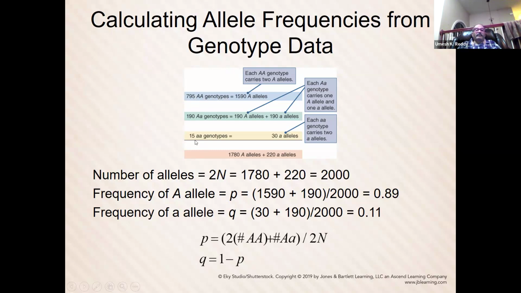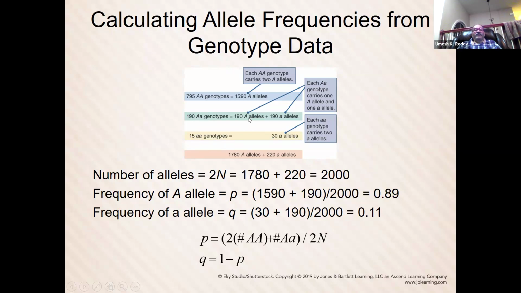And then the lucky people who have that mutation and will never get AIDS in spite of being HIV positive are just 15 people out of 1,000. That is the small a genotype. There are only 30 alleles, 15 times 2. And then there are 190 people that are heterozygotes. Heterozygotes have capital A, small a.